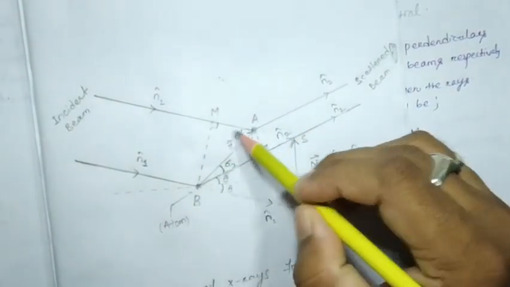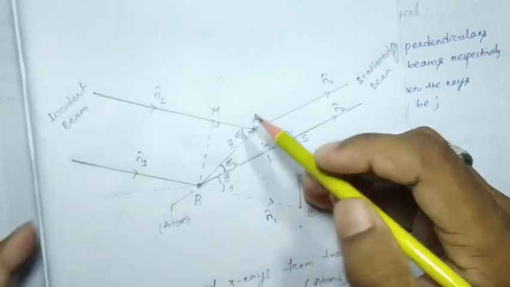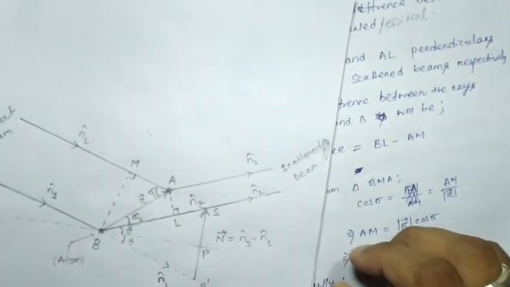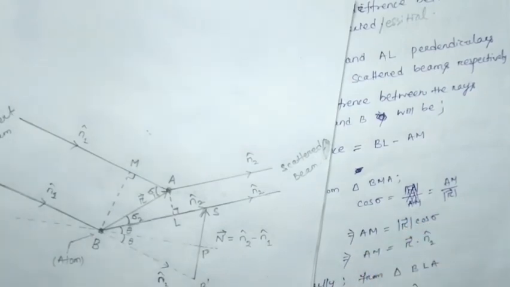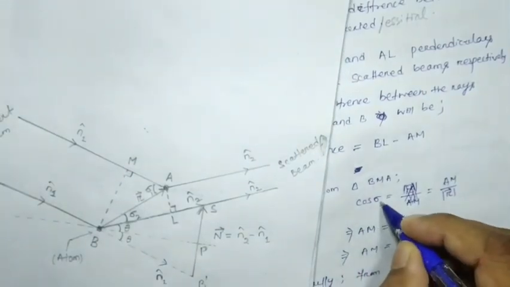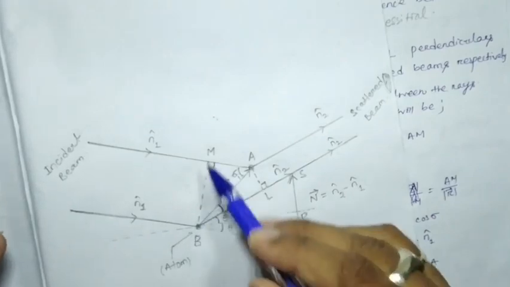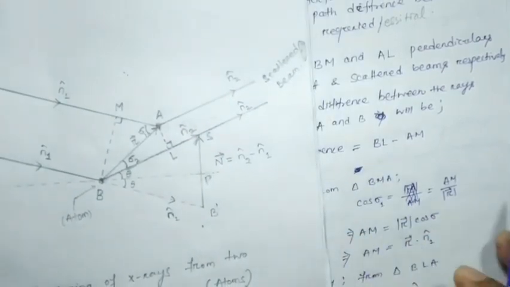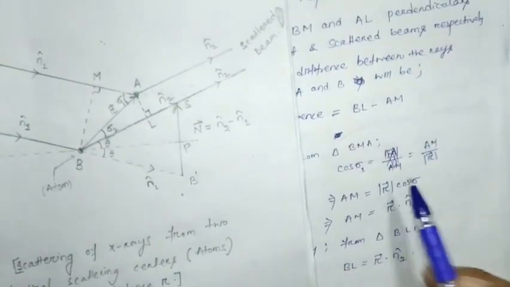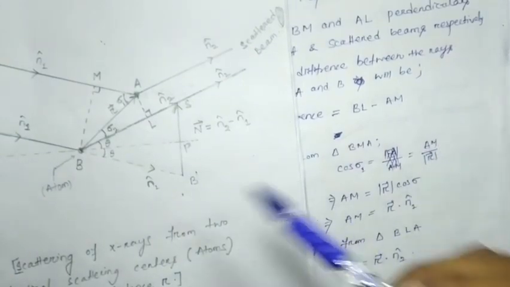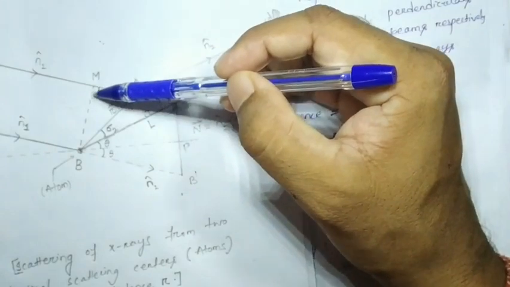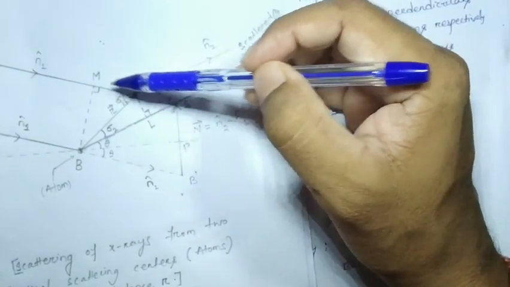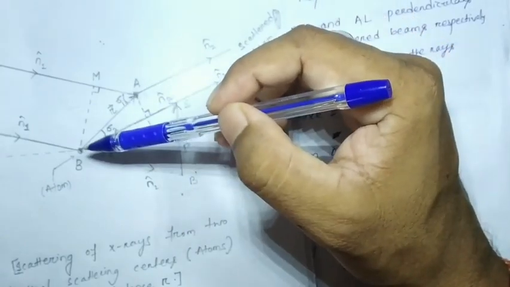For this triangle we are now considering the BMA triangle. Cos sigma 1 will be how much? AM by R. This is AM, this is the 90 degree perpendicular, and this is sigma 1. So AM is the base, by AB.